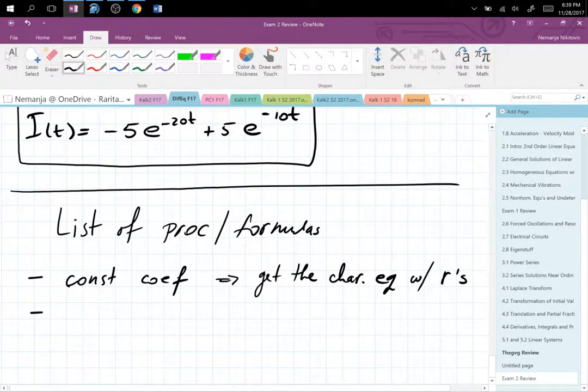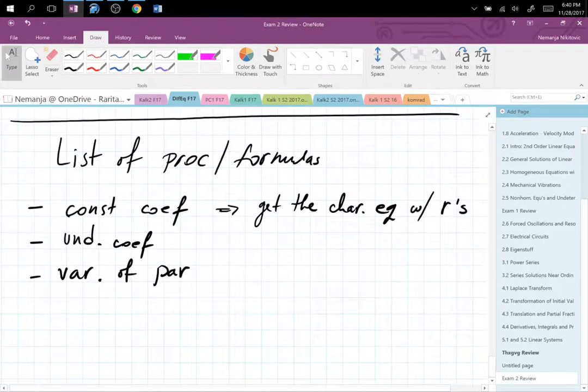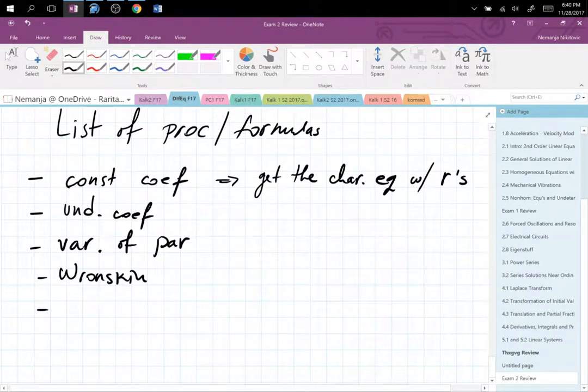Then you need to know undetermined coefficients, variation of parameters, the Wronskian to check independence of solutions, and then m x double prime plus c x prime plus k x equals, and this is now the change, you have some forcing term.